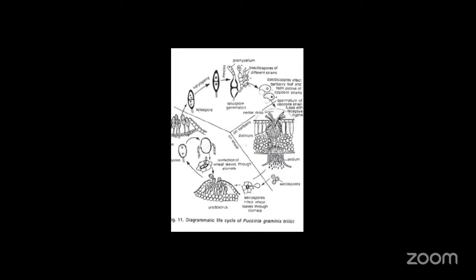So here, loose smut on wheat. Loose smut on wheat is a destructive disease. The disease is very common and widespread due to the characteristic black dusty appearance.